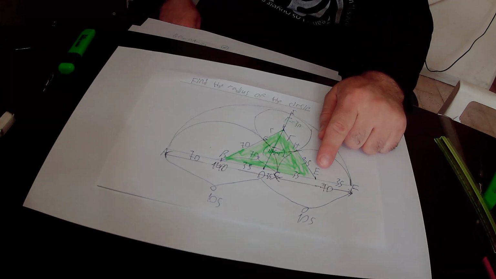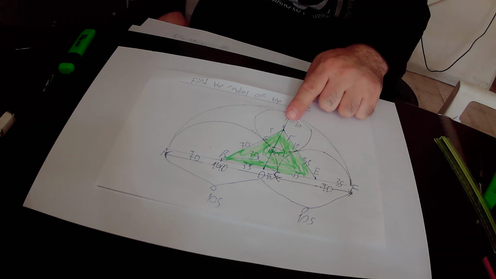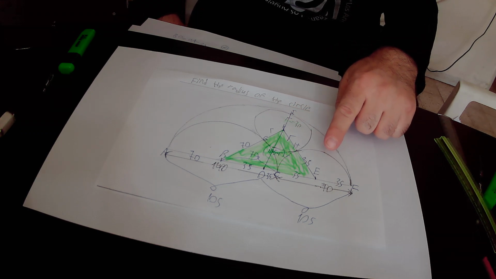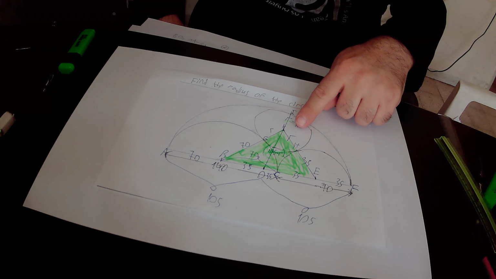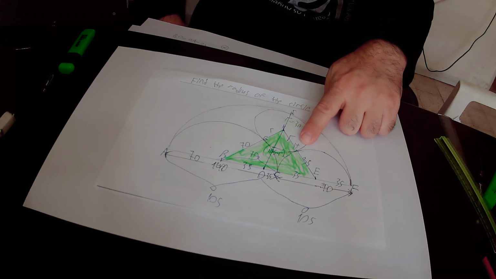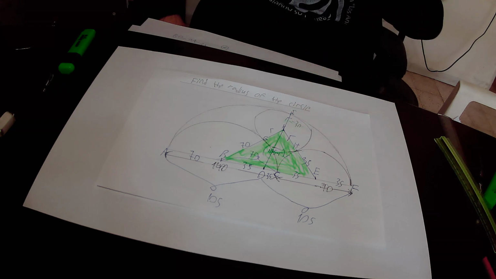Then we connected the center of the smallest semicircle, point E, with the center of this circle, point K. The straight line that connects their centers, KE, must pass through their touching point, point H. That is to say, EHK is one straight line.